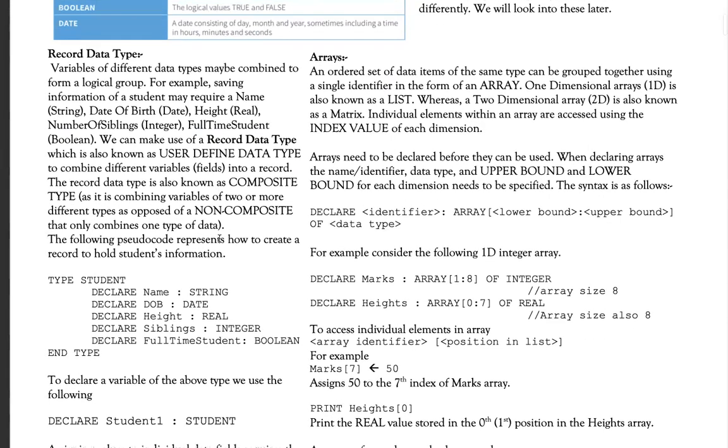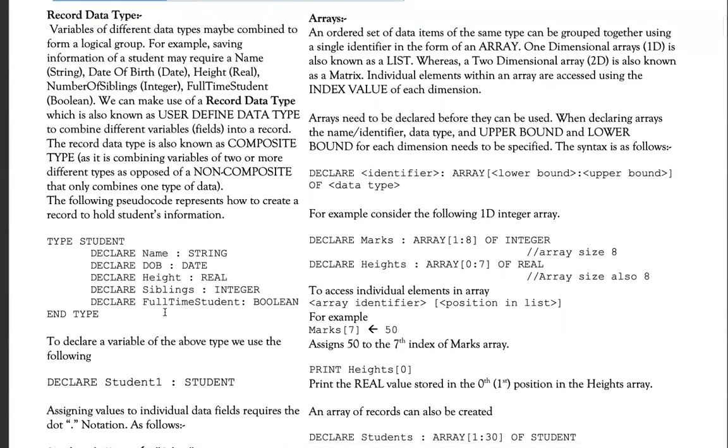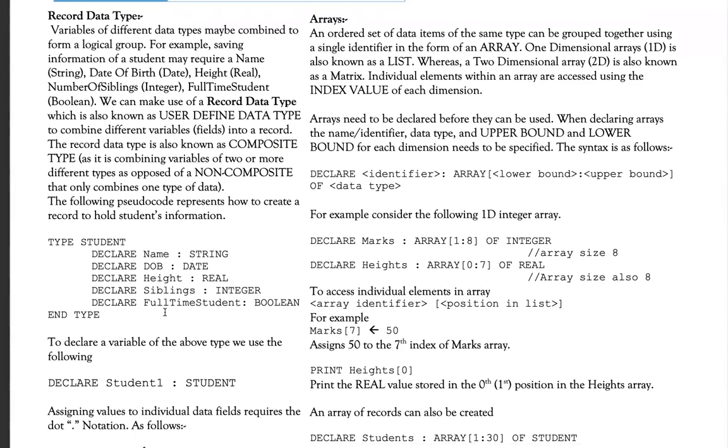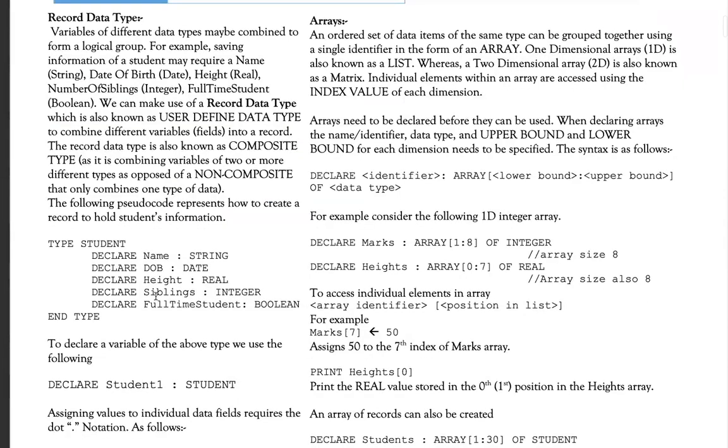Composite data type means that it is combined of two or more references to other data types. These other data types can be your basic primitive data types, or they can themselves be records as well. So that doesn't mean that you can't use a record within a record. You can do that. But for example, this is what a record data type declaration looks like.